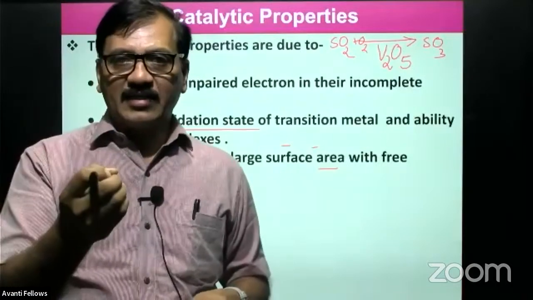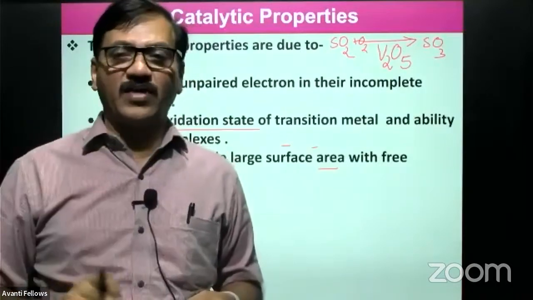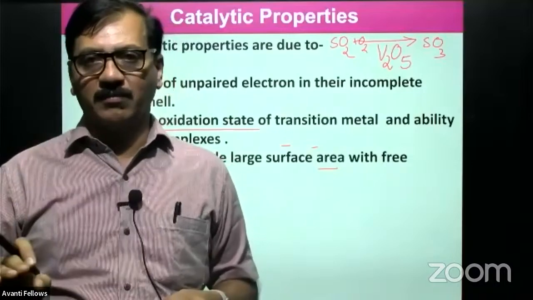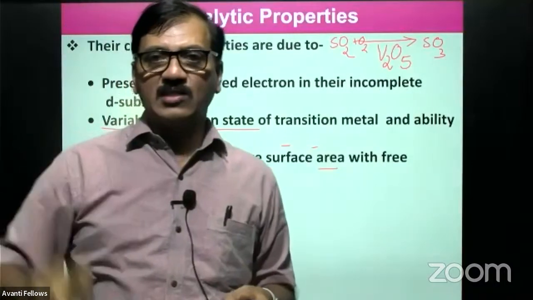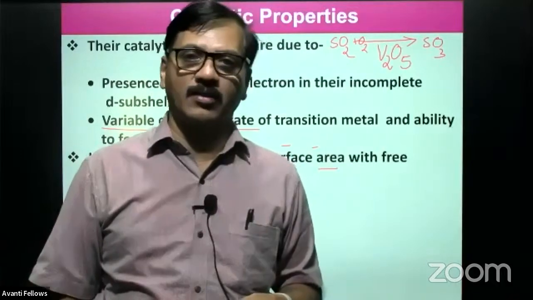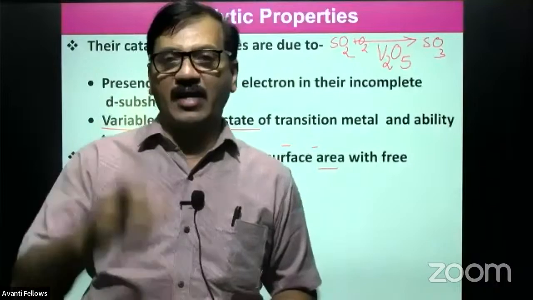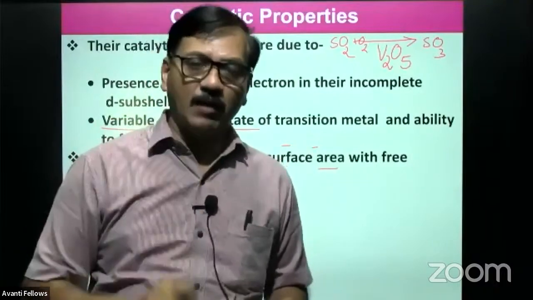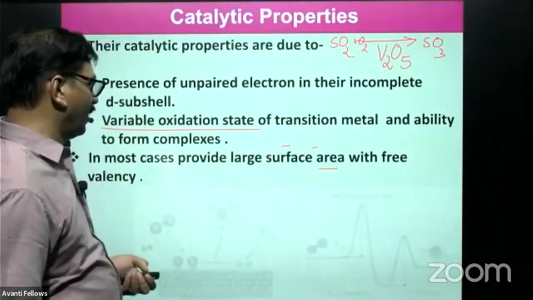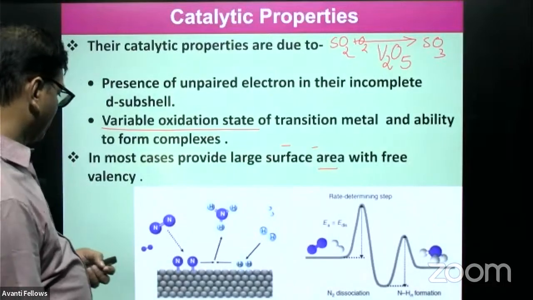Once they are attracted and retained over the surface, then it is called adsorption. The surface of the metal is suitable for adsorption. Okay, so that interlocking system, what is present in the radius of the atom, will help that. We will see the video so that you can understand more, right?